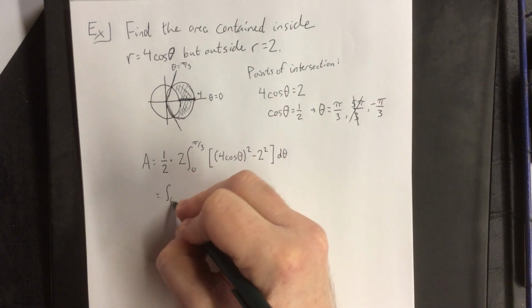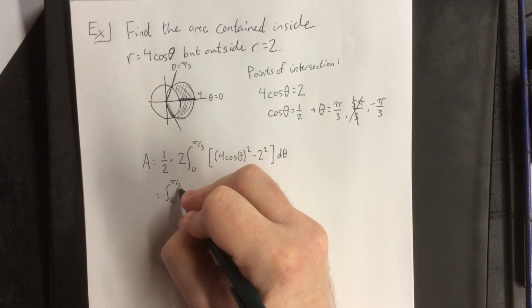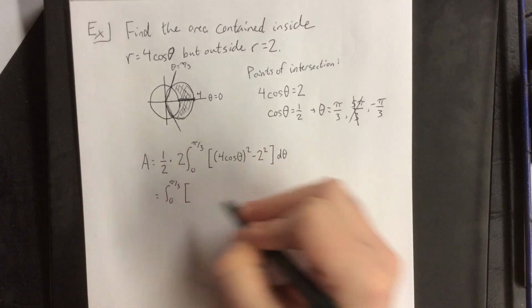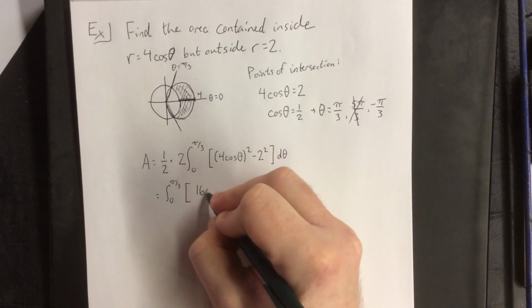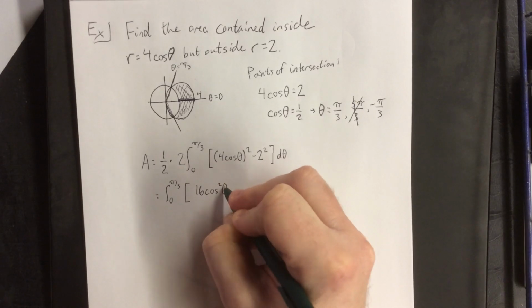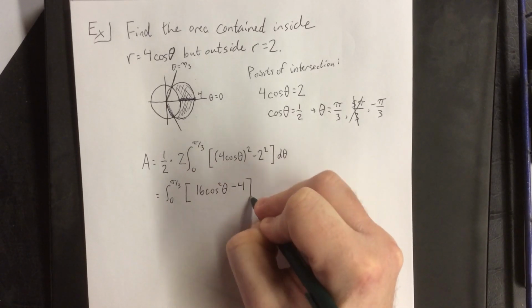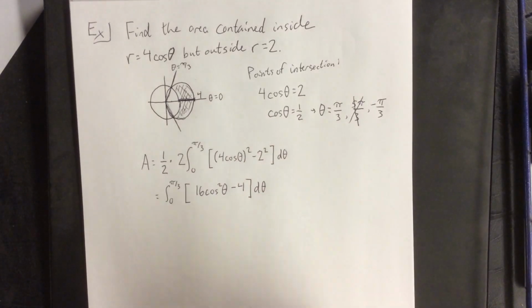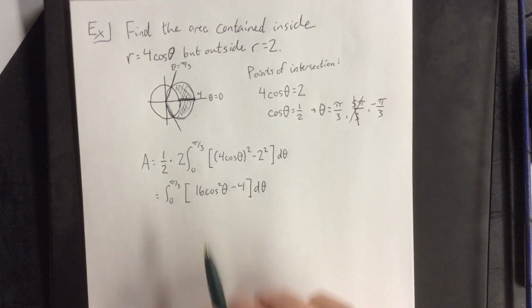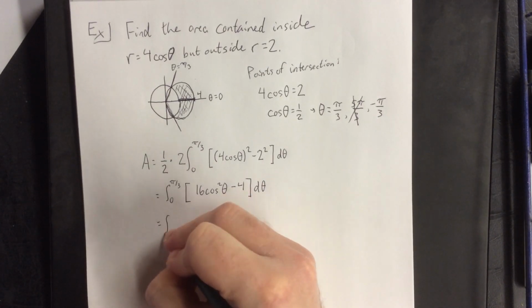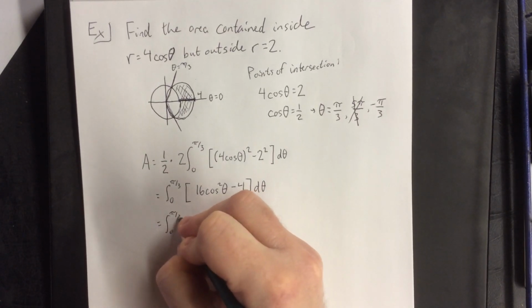The 1/2 and the 2 will cancel each other out. We'll be going from 0 to pi over 3. And this will be 16 times the cosine squared of theta minus 4. 4 is relatively straightforward to integrate, but 16 times the cosine squared will require the power reducing identity.